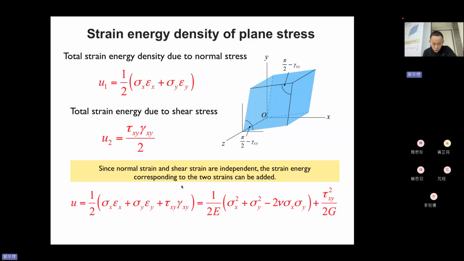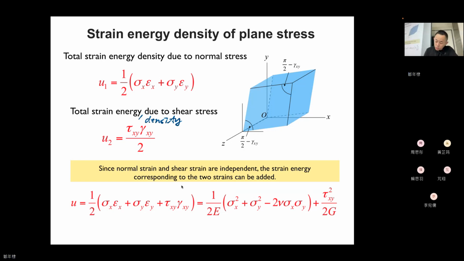All right. Okay. So the total strain, oh, sorry, I forgot one word: density. Total strain energy density. Missing one word. I'm sorry for that.